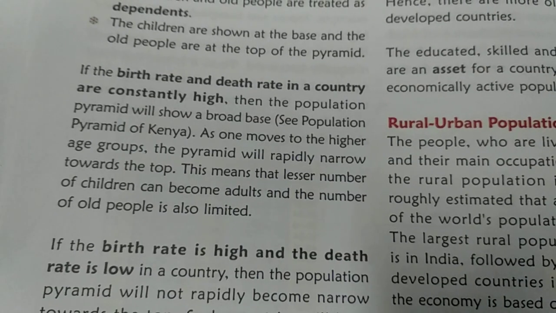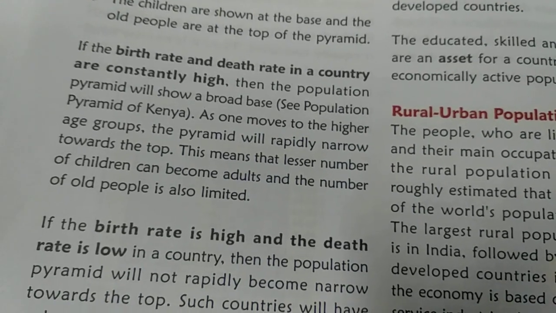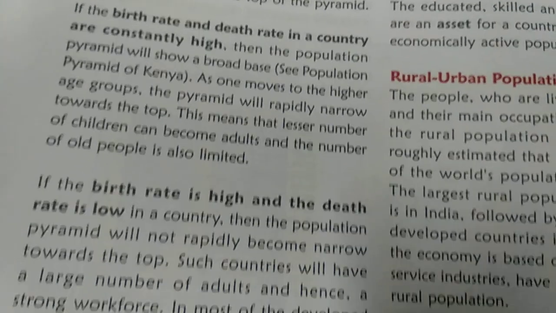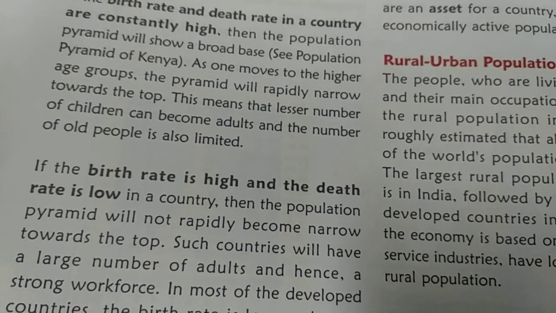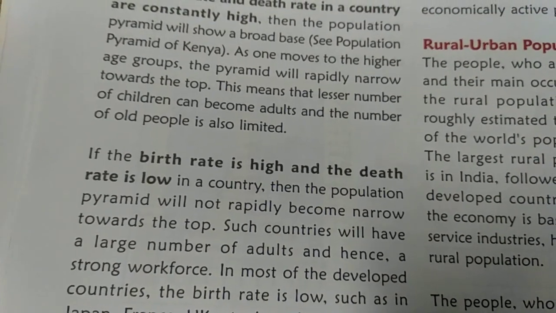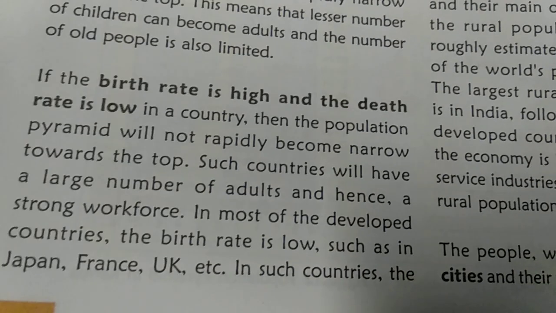As one moves to the higher age groups, the pyramid will rapidly narrow towards the top. This means that a lesser number of children become adults, and the number of old people is also limited.